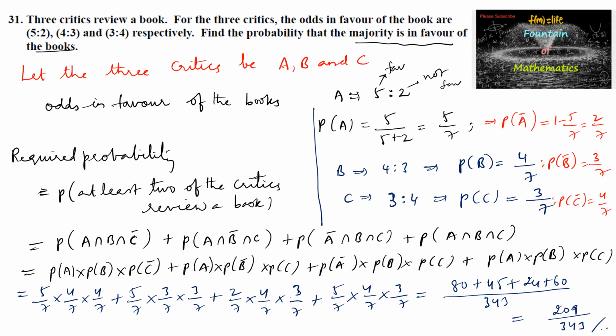So we can give the answer for this question is 209 divided by 343. Okay.